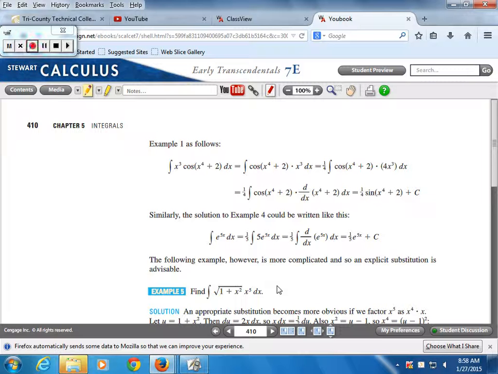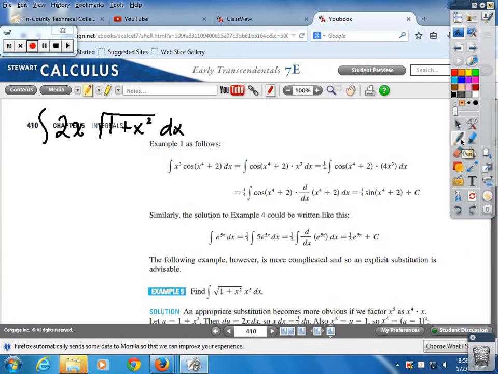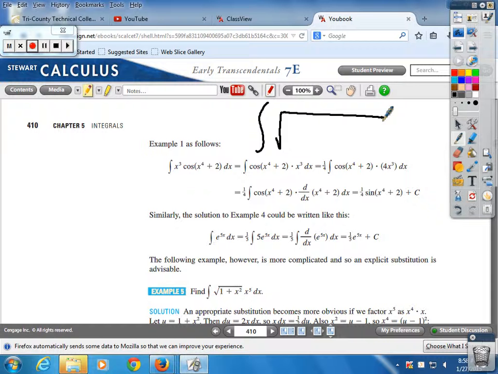The antiderivative of the square root of 1 plus x squared times x to the 5th dx.